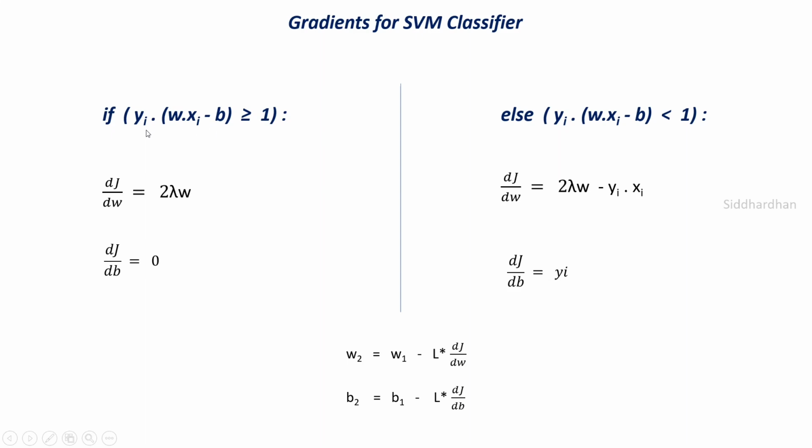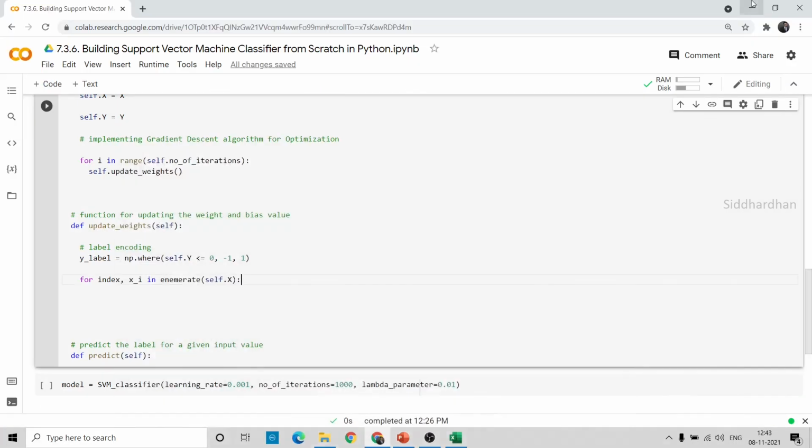We take the individual label value, take the individual row value, multiply it with the weight, subtract the bias value, and then multiply it with the yi value. If that value is greater than or equal to 1, we have this formula, or else on the other condition we have this formula. This is what we are going to do in this particular for loop.